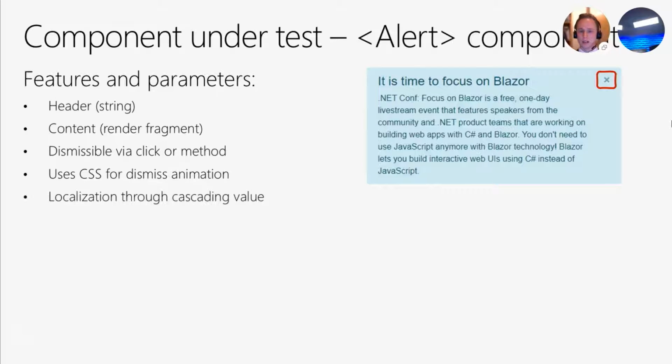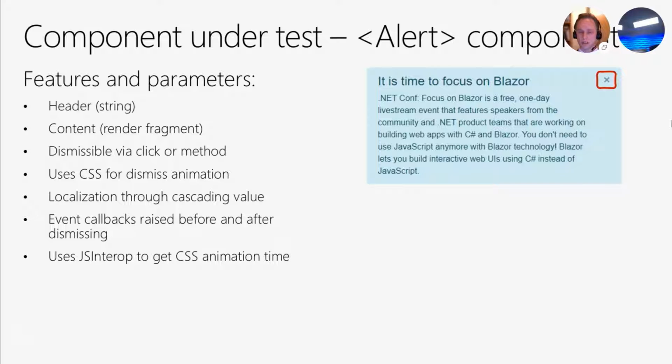We can pass in a text localizer to it through a cascading value that it can use to localize the header text. It'll also trigger event callbacks before and after it is dismissed. And finally, it uses JavaScript interop to read how long the dismiss CSS animation takes to run in the browser, so that the markup is not removed before the animation is done.